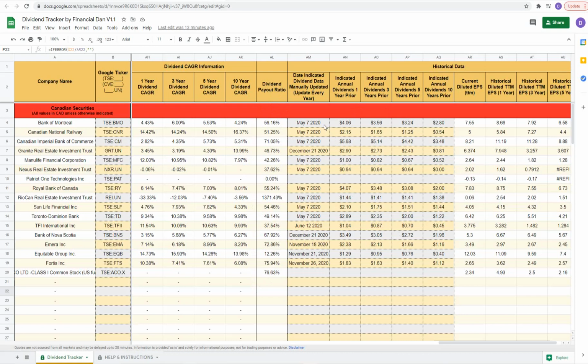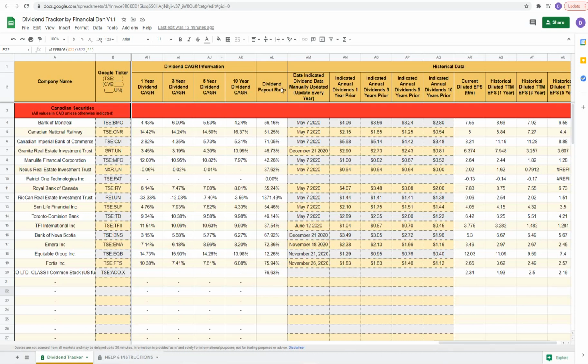And that's why I've put a column where you can indicate the date that you've updated each one of these cells. And what'll happen is if you haven't updated it in over a year, it'll go red, telling you that you should probably update your dividend information, your historical dividend information for that stock.